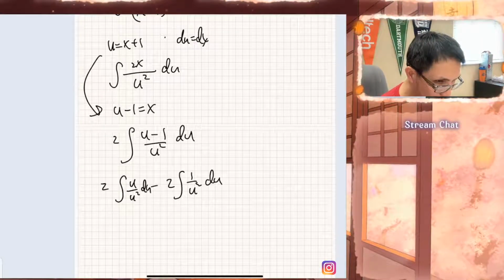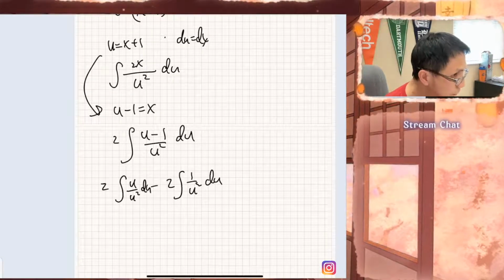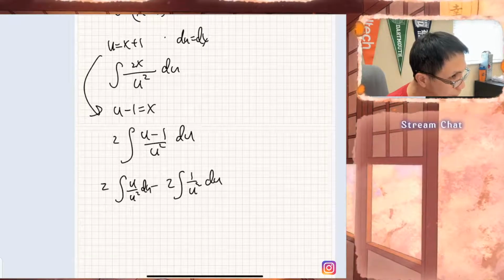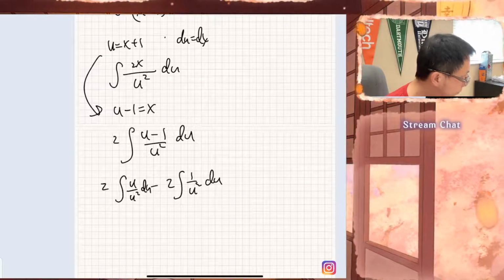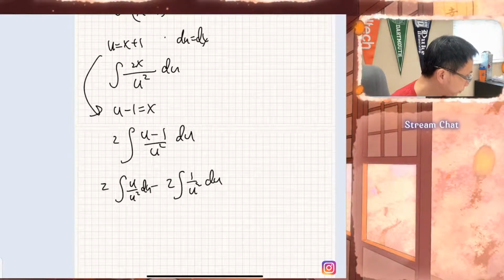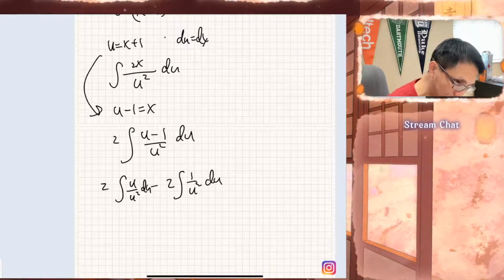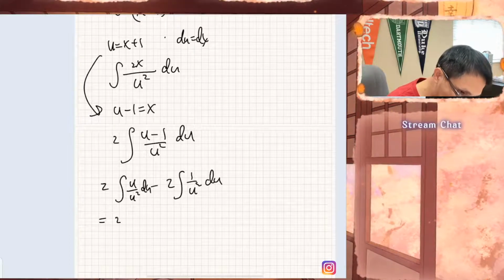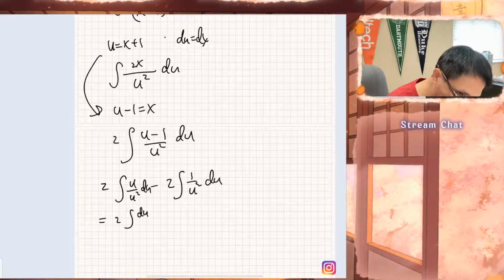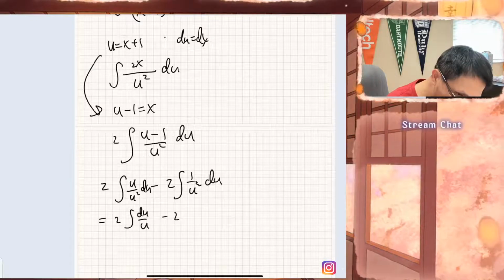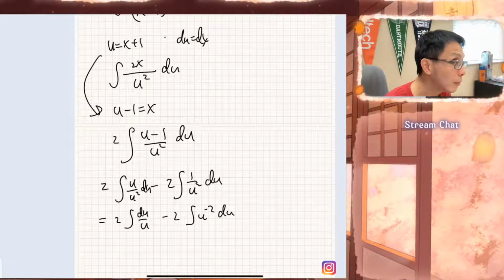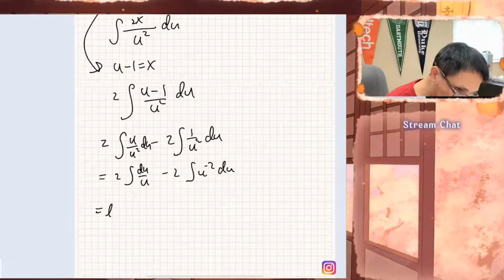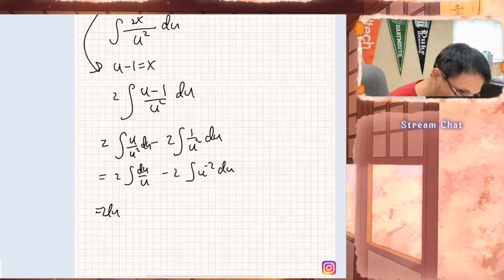Any question here? Can I simplify this down to 2 of du over u minus 2 integration of u to the negative 2 du? Can I do that? And that's equal to 2 natural log of u.